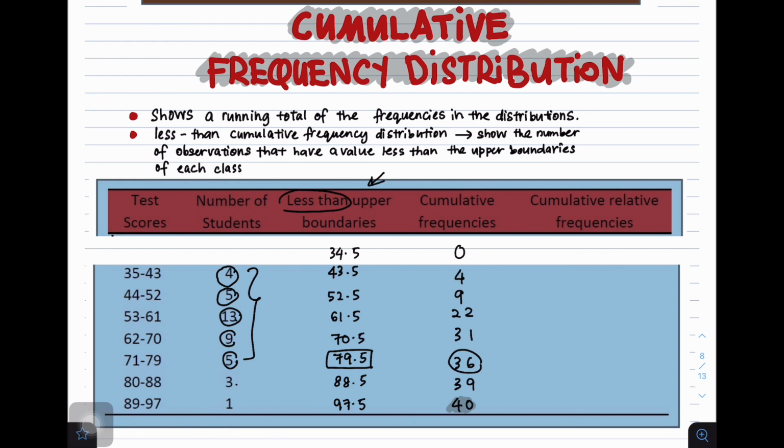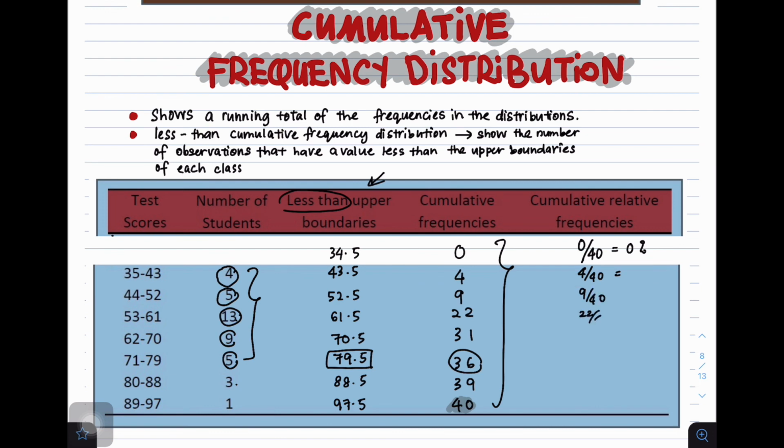And if we want the cumulative relative frequency, it means that we want our frequency to be represented in the form of fraction or percentage or decimal macam tadi lah. Okay, so kita just ambil dia punya cumulative frequency ni. So 0 per total adalah 40. So 0 per 40, 0% lah. Okay, then we have 4 over 40. Then we have 9 over 40 here.